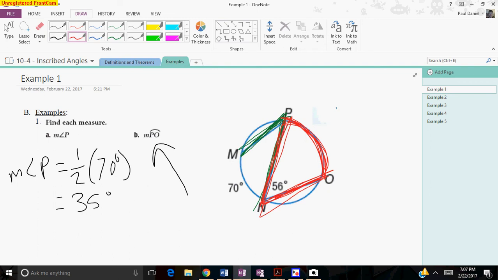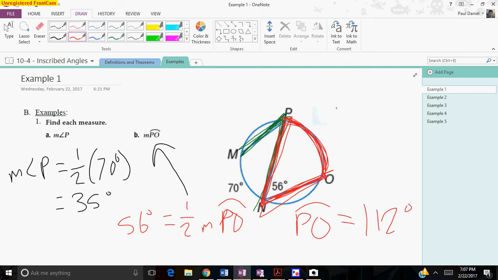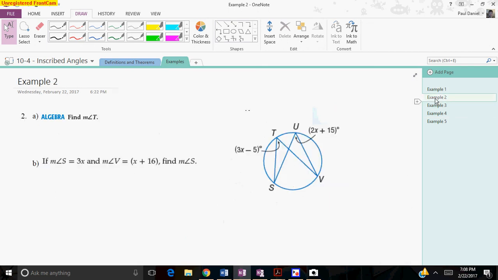If that angle is 56 degrees, then that 56 degrees is going to be equal to 1/2 the measurement of my arc. So the measurement of my arc PO is going to be what happens when I multiply this by 2, or 112 degrees. Okay, so that gives me a really quick, simple, easy example to go through.